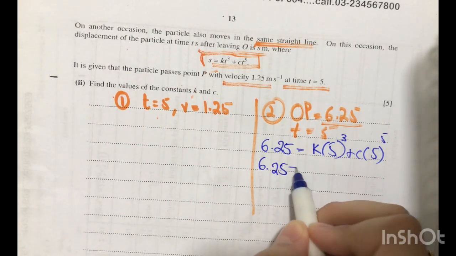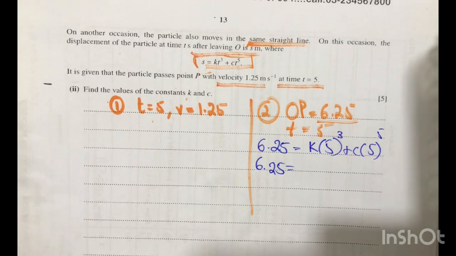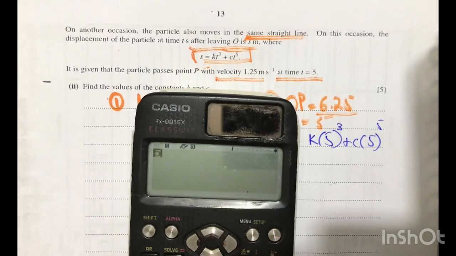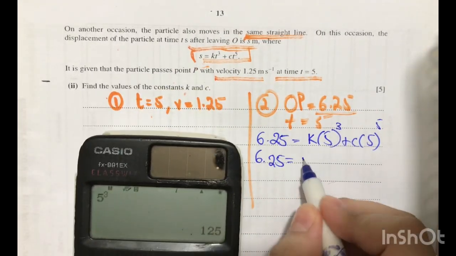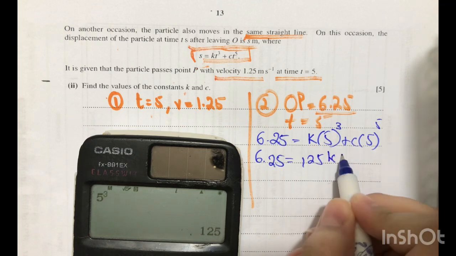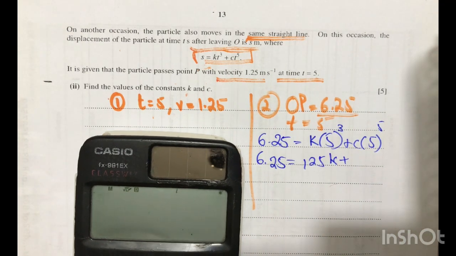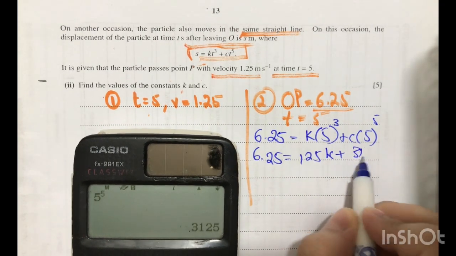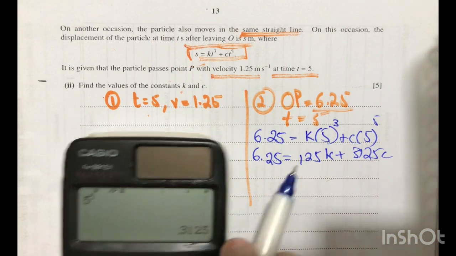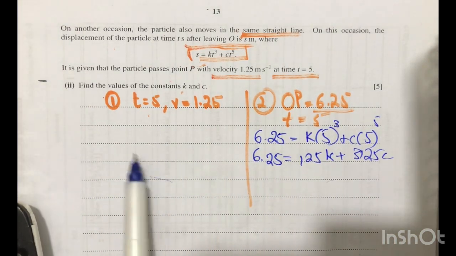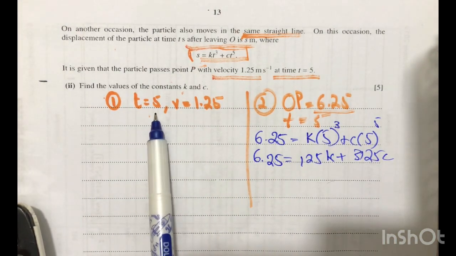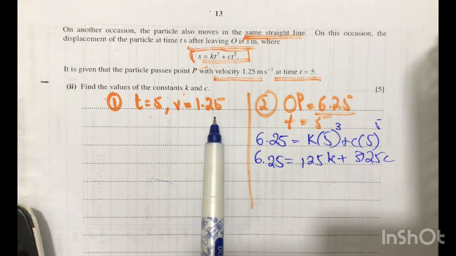So 6.25 is equal to 125k plus 3125c. And then in this part, we know that t is equal to 5 and velocity is 1.25.